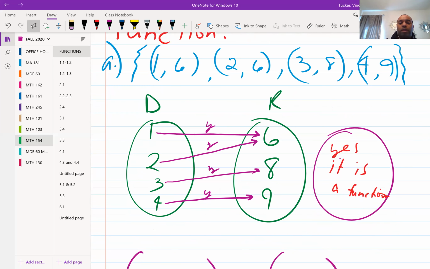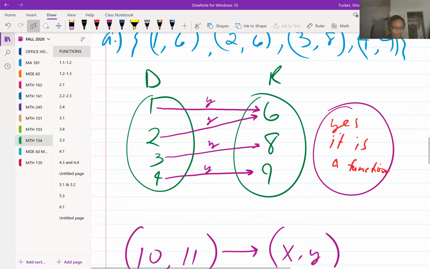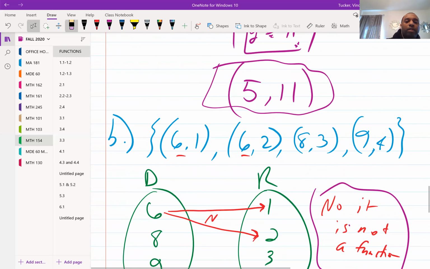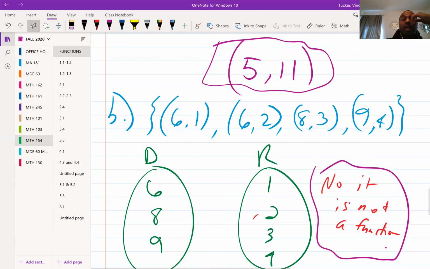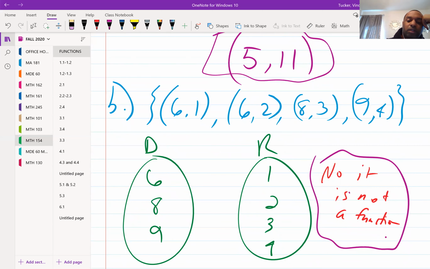Everybody still writing? Okay. So if we have this relation, we have 6, 1, 6, 2, 8, 3, 9, 4. So my domain is 6, 8, 9. Range is 1, 2, 3, 4.